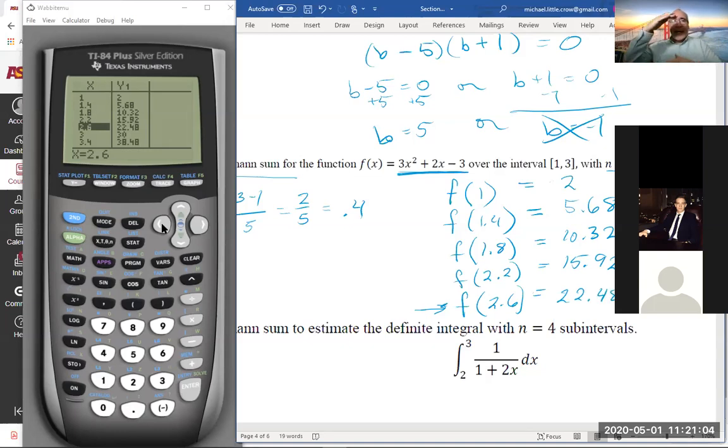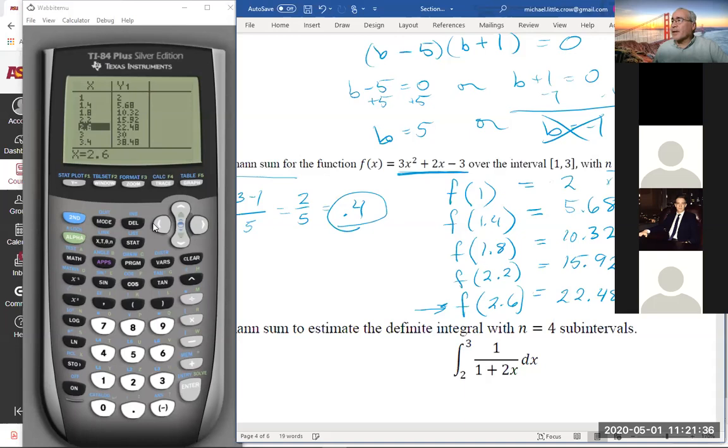So those are the heights of the boxes. What we need to do to get area is base times height. So what is our base? Our base is this 0.4. So now it's just tedious calculations. We need to multiply each of these by 0.4. That will give us our areas for each of these. And then we have to add it all together.